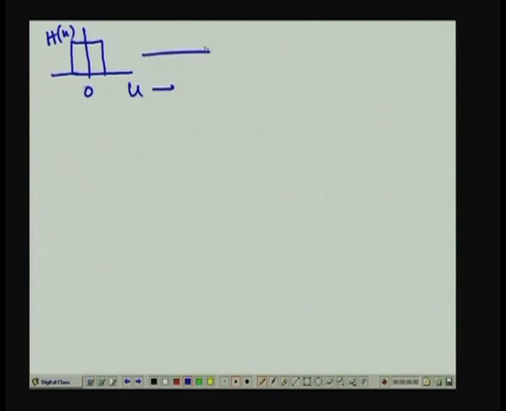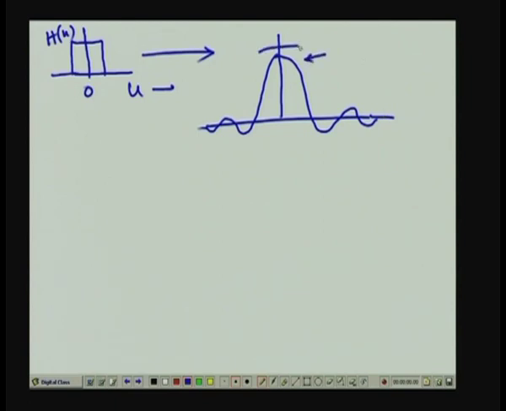Now, if I take the inverse Fourier transform of this, the corresponding h(x) will have a function of this form, like this.